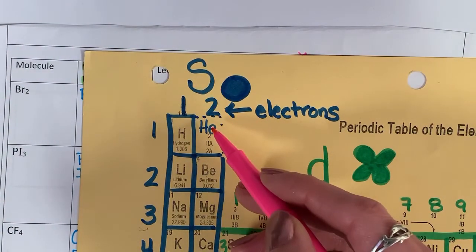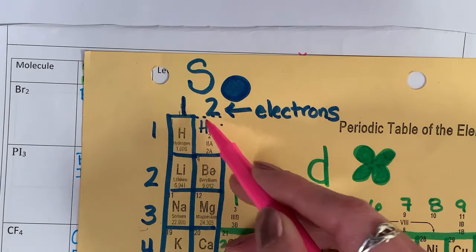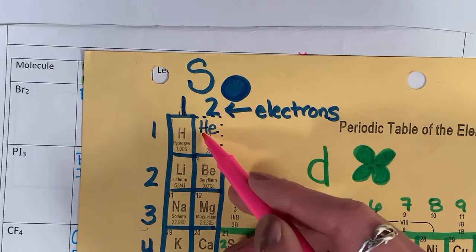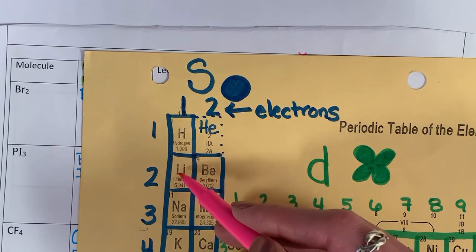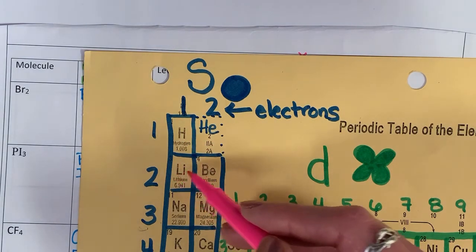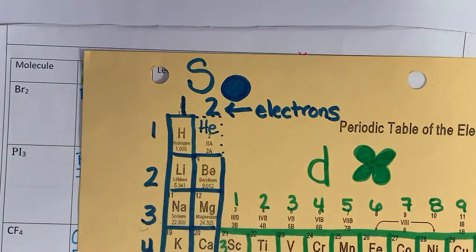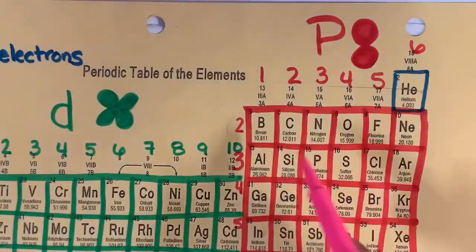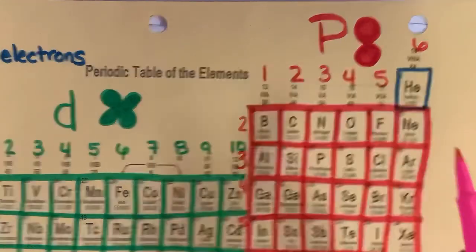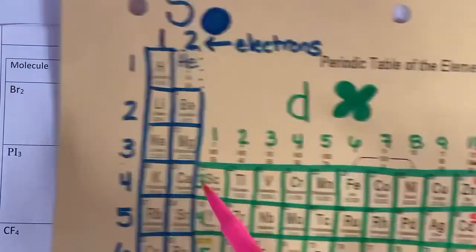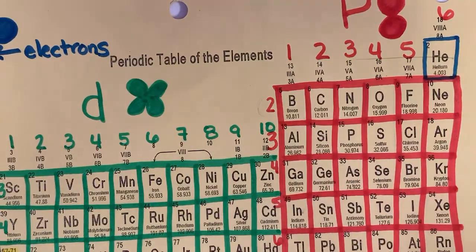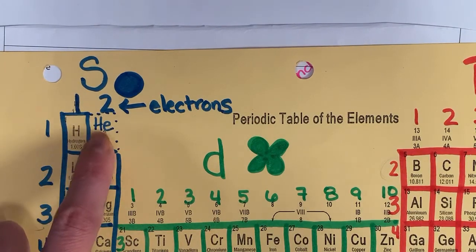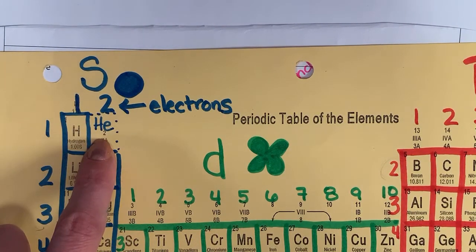My 1s orbital can only hold a total of 2 electrons. Once it has 2 electrons, it's full, and I move on to the next level. This would be the next valence shell. The next valence shell can hold 2 in its S, 6 in its P for 8. Hydrogen, nope, he doesn't have a p orbital, he just has an S, he's full with 2.